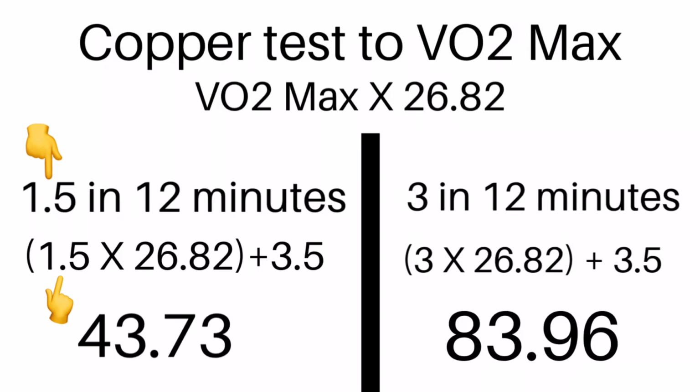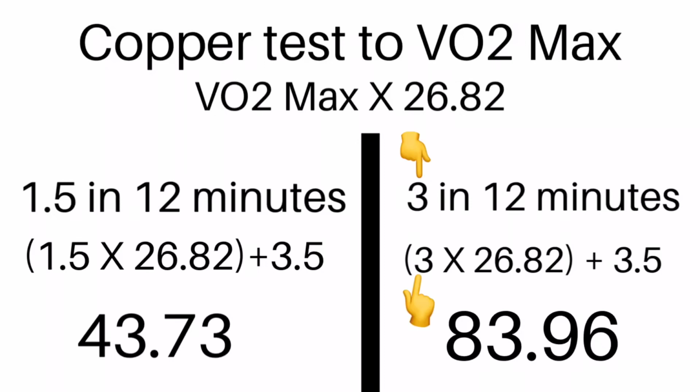You're going to take your 1.5 times it by 26.82 and then solve that part first and then add 3.5. So in this example here on the left, your estimated VO2 max would be 43.73.